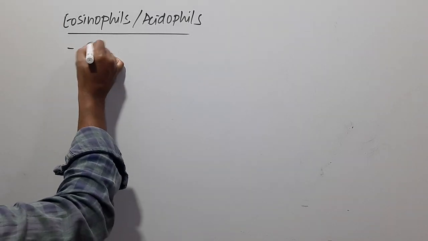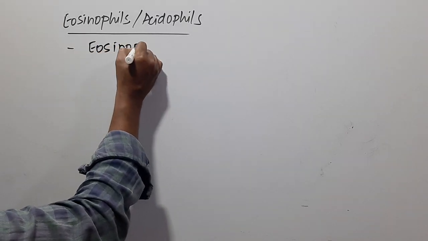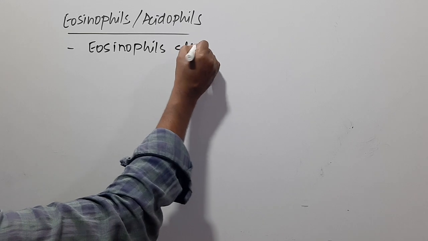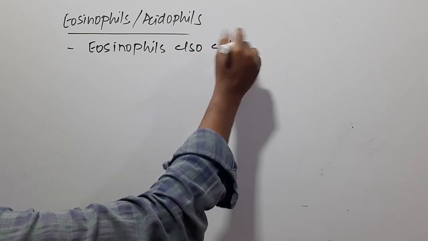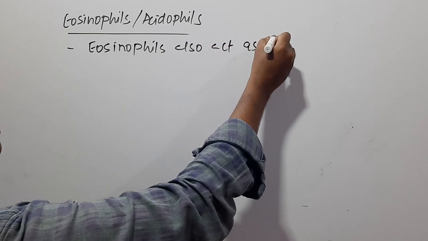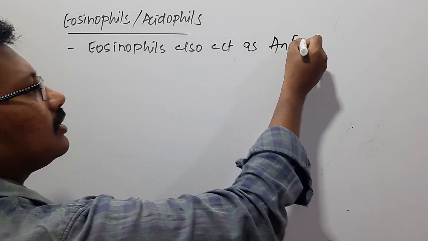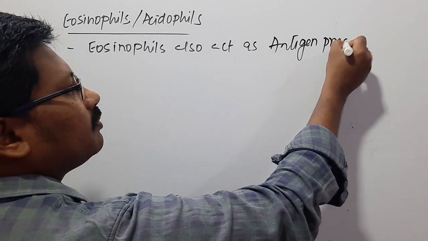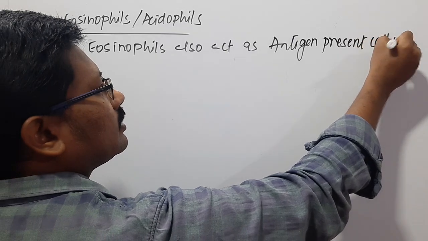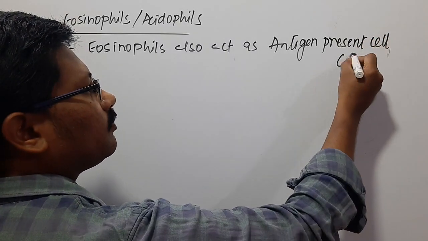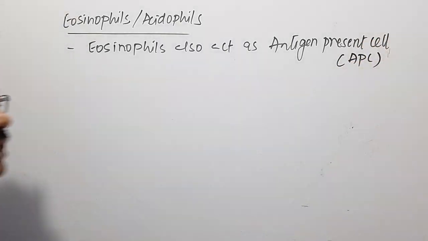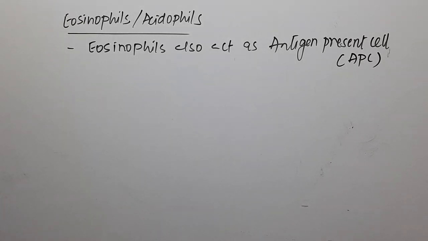The next, these eosinophils also act as antigen presenting cells, in short APCs. In the immune system we'll see what actually this antigen presenting cell is. So eosinophils will act as APCs.